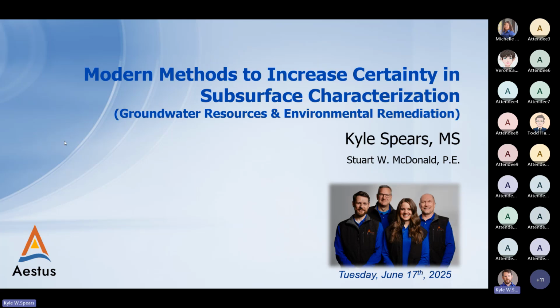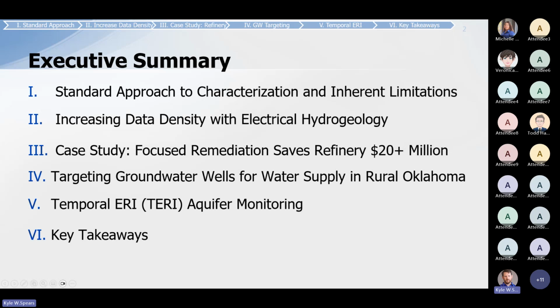Okay, if I can get this to work, bear with me here. There we go. All right, so quick executive summary here, just an overview of the topics for the day. I'm going to start with taking a step back and thinking about how we do subsurface characterization and what those inherent limitations are.